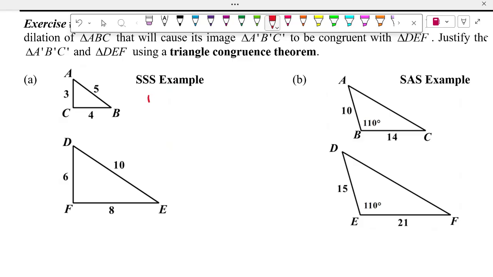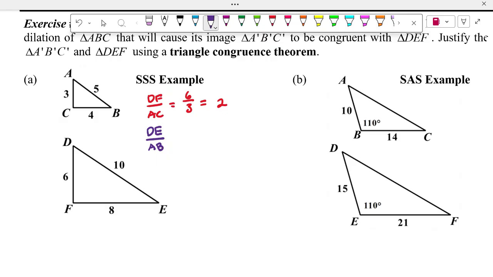I'm going to do DF divided by AC. So I got 6 over 3, which that simplifies to what? 2. What's the next proportion I can check? DE and AB. Now, since I did the big first, that means I got to put the big again in the numerator to keep it consistent.